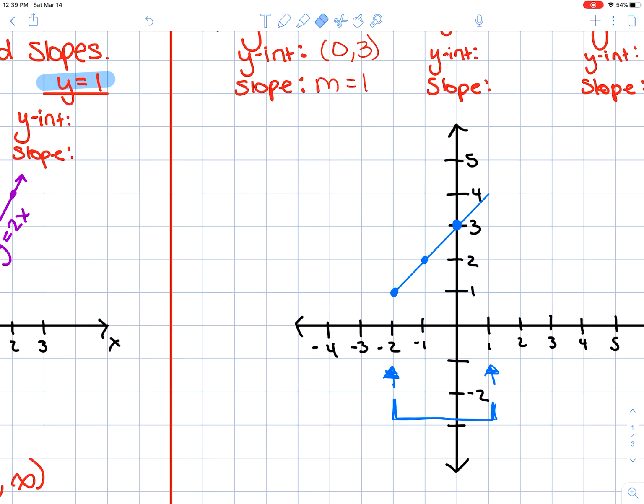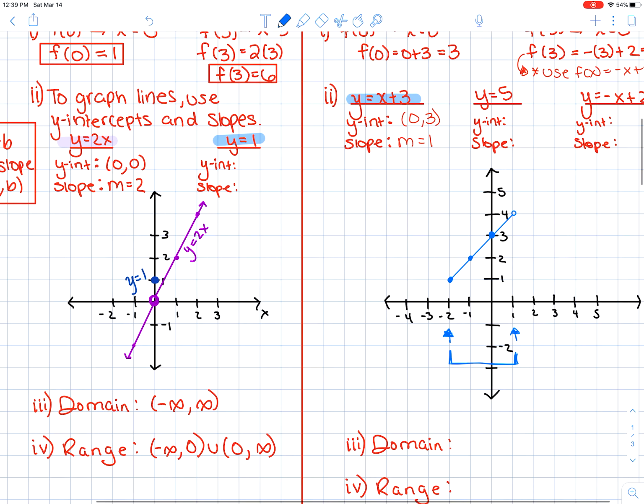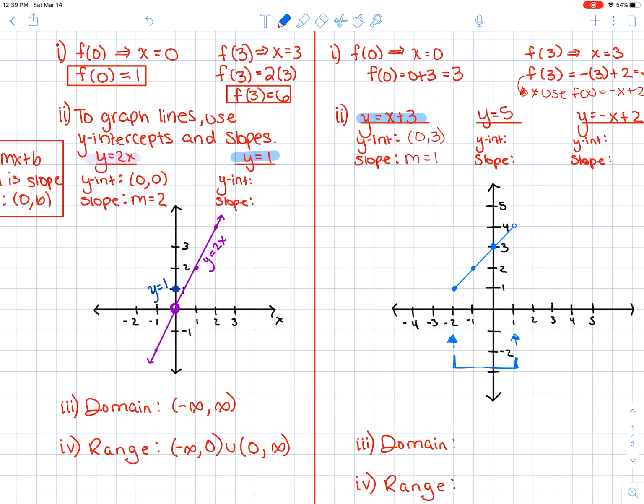I'm trying to delete just that closed circle. There we go. Okay, there we go. So there's our y equals x plus 3 graph. And again, we were only able to graph between negative 2 and 1, where negative 2 is included.